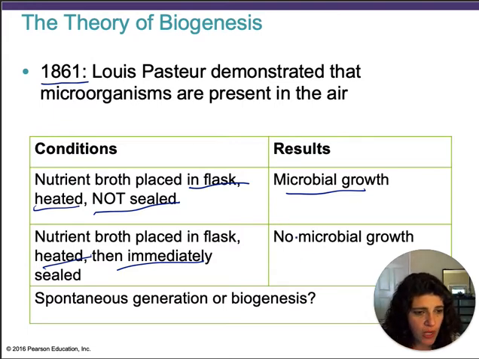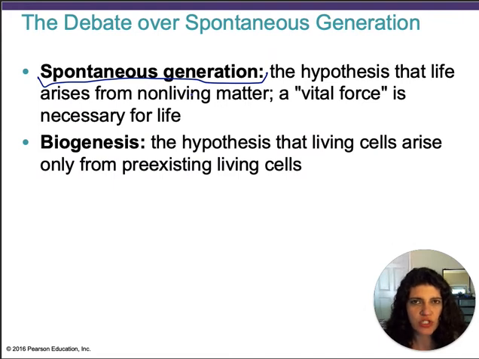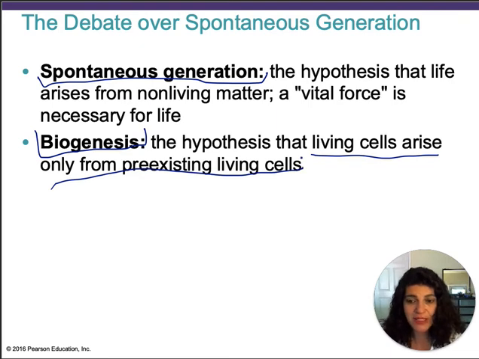While the flask that was immediately sealed did not have microbe growth. So where were the microbes coming from? The air, right? And then not everybody was convinced that spontaneous generation was wrong, and maybe the thing was biogenesis: living cells arise only from pre-existing living cells.